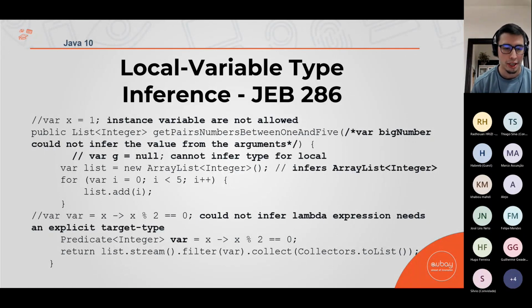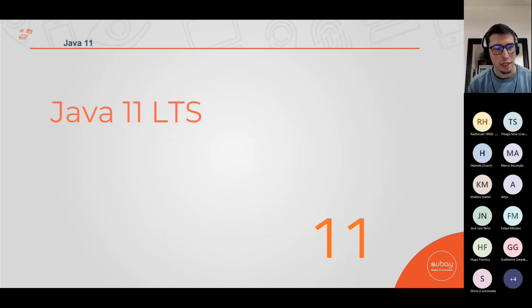But if you are working in a legacy project that has variables called var, and you are not sure if you will update the version because of that, go ahead. There is no problem, okay? You can do that because you will not have any problem with that. But be careful, don't create your variables called var. This is not good. Okay, about Java 10 is that.